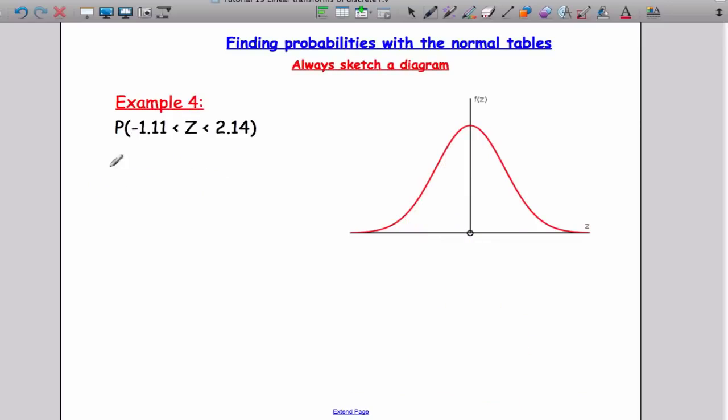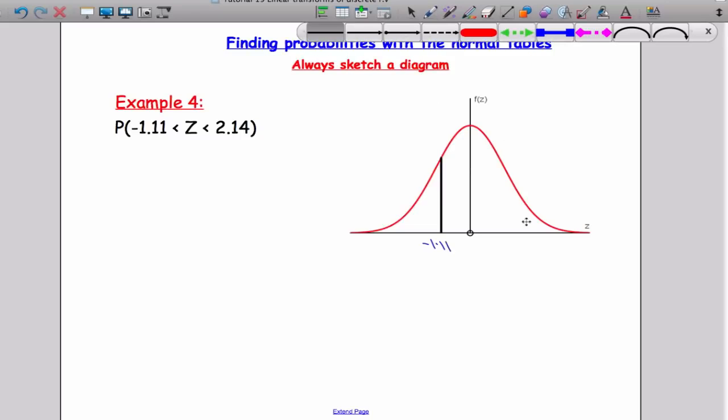What about something like this? Suppose I'm asked to find the probability that minus 1.11 is less than Z, which is less than 2.14. So let's just sketch out what this is going to look like. That's roughly around minus 1.11, and 2.14.